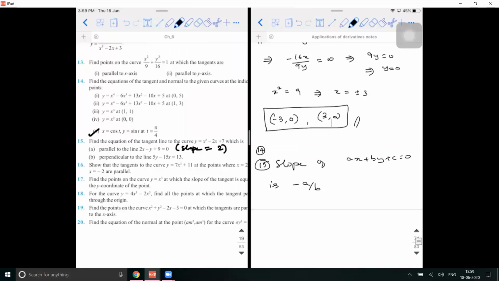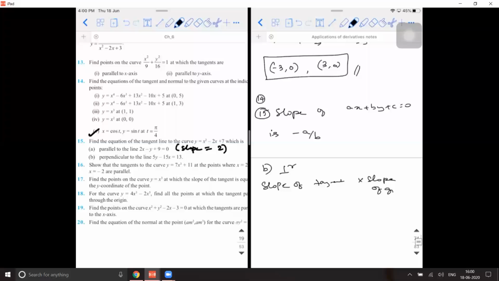Similarly, when they say perpendicular, what should you do? For part B, since they are using the word perpendicular, the slope of tangent into the slope of the given line is equal to minus 1. If I take the slope of the tangent as m, what is the slope of the given line according to this logic?